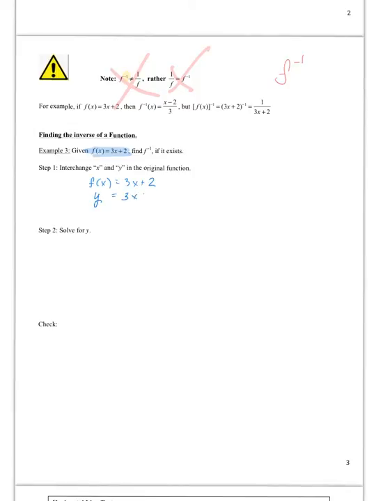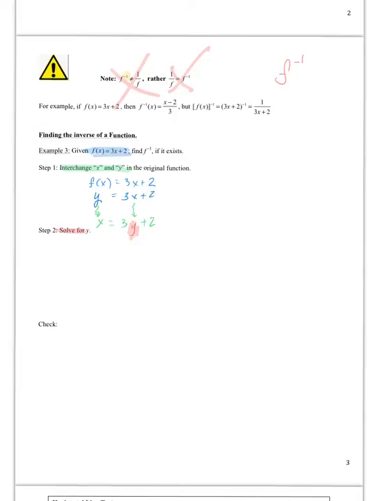And then you want to interchange the x and the y in the original function. So in other words, this y becomes x, this x becomes y. So I'm just rewriting it, interchanging the x and the y. The next thing you want to do is just solve for y.